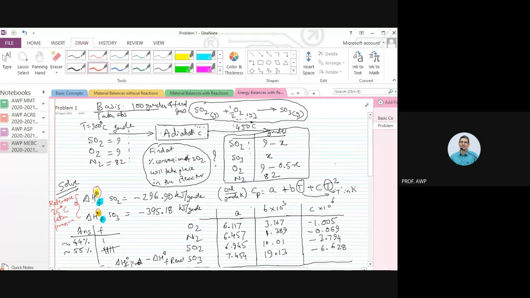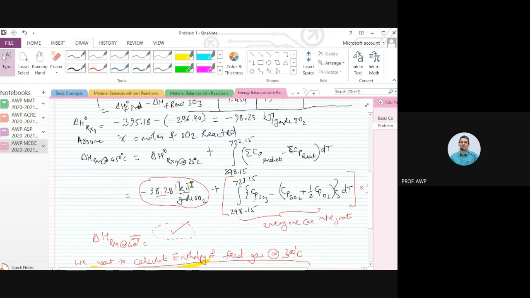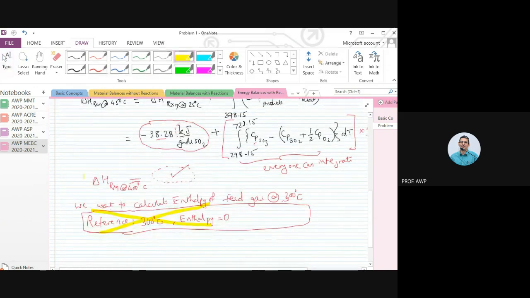When you have said standard, you have automatically assumed this value. So I cannot say the reference is 300 degrees centigrade and enthalpy is 0 for that. This is incorrect, because it is inconsistent with the fact that we have already used these standard enthalpies.